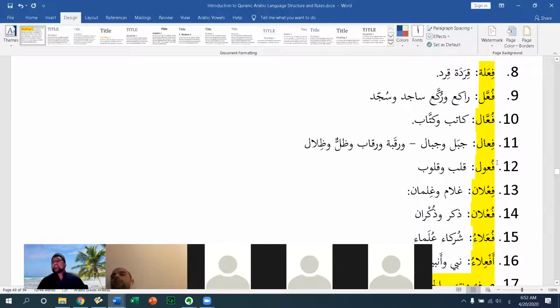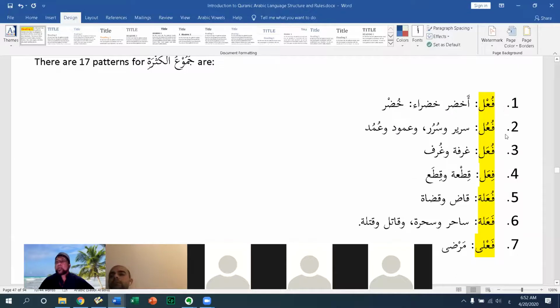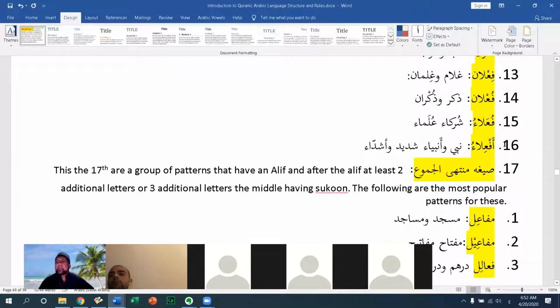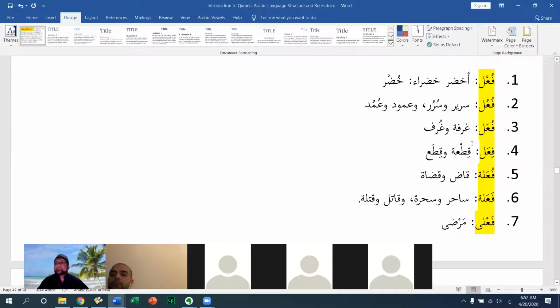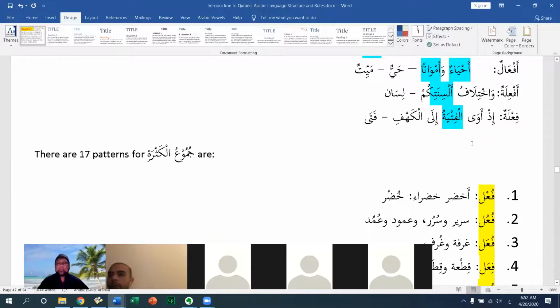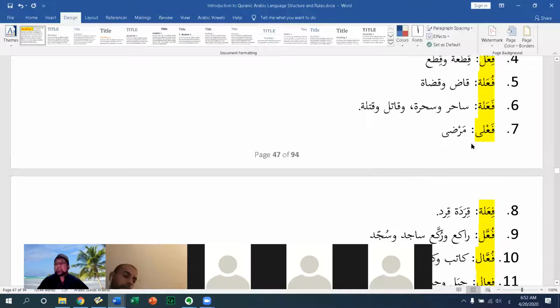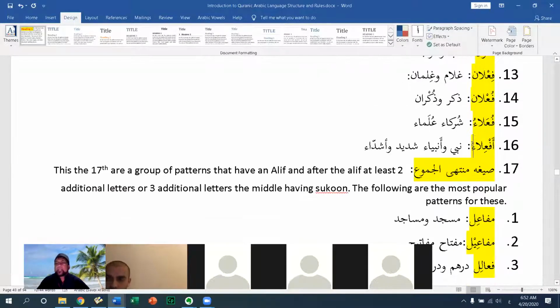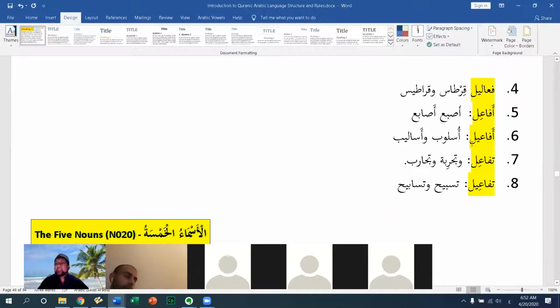So here we mentioned from 1 through 16 patterns of broken plural that are jumu' al-kasra. The 17th has many patterns of its own.